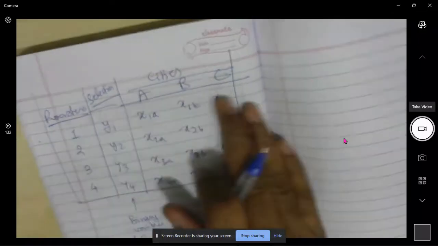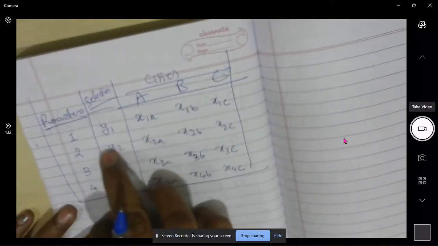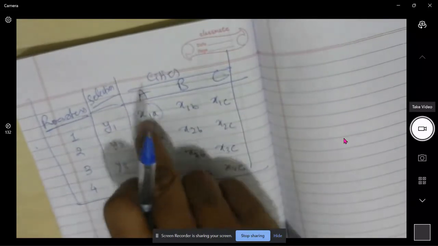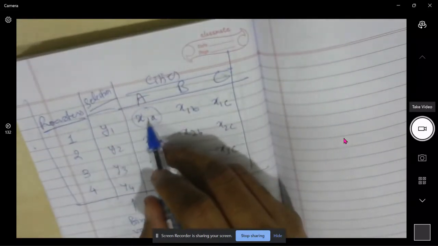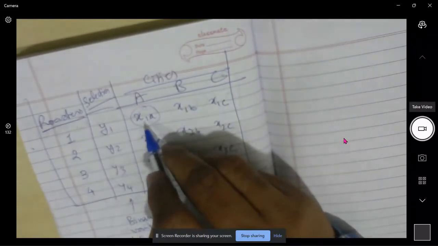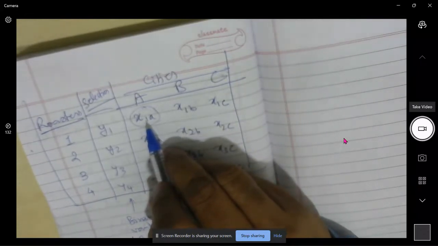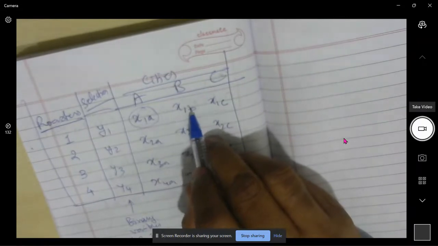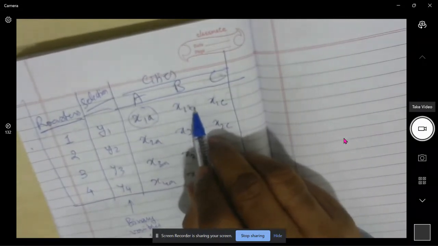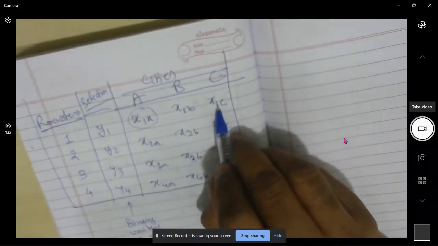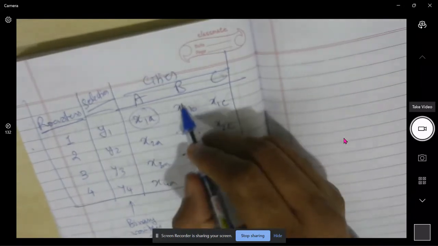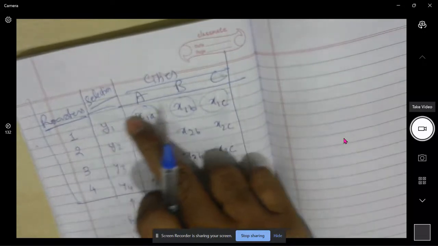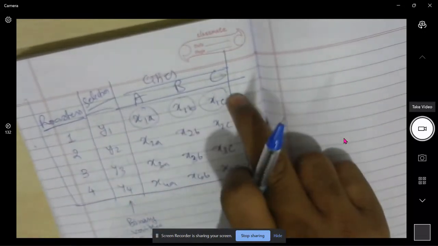If I add horizontally, what happens? What does this number represent? It represents the tons, amount of coffee going from roaster number 1 to city A. This is the amount of coffee going from roaster number 1 to city B, and the amount going from roaster number 1 to city C. So if I add the rows, then the total amount of coffee going from roaster number 1 will come here.